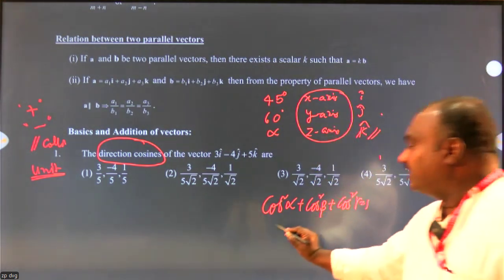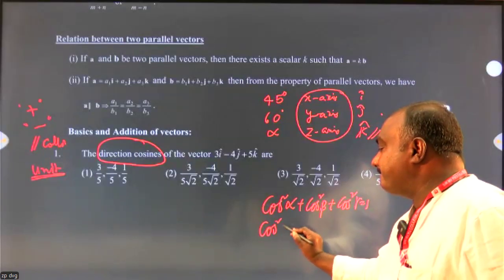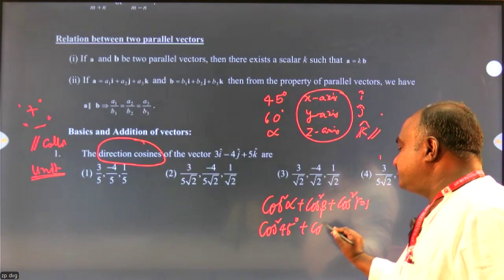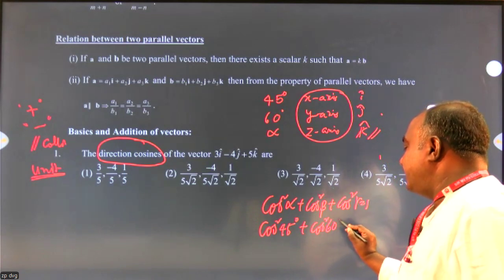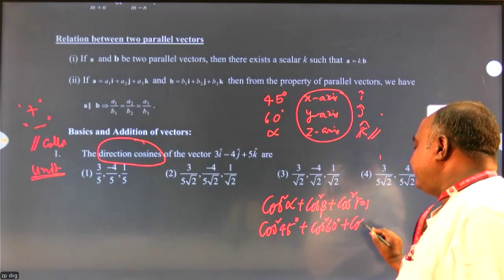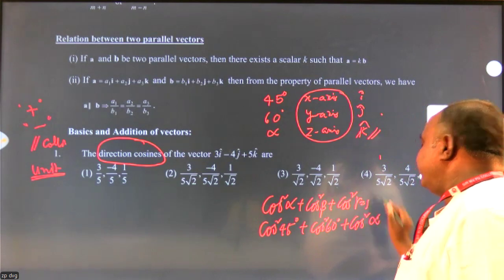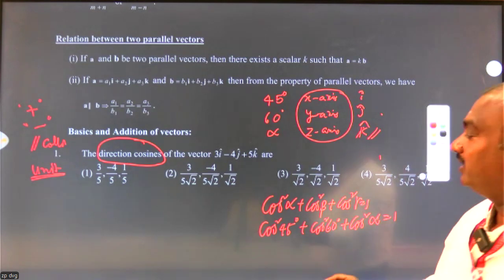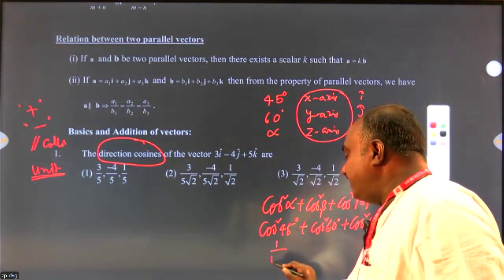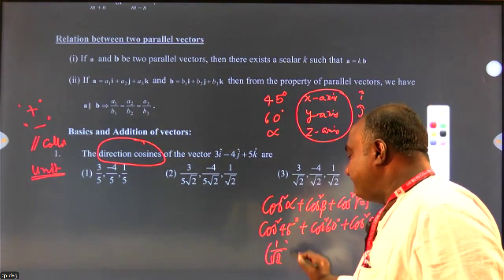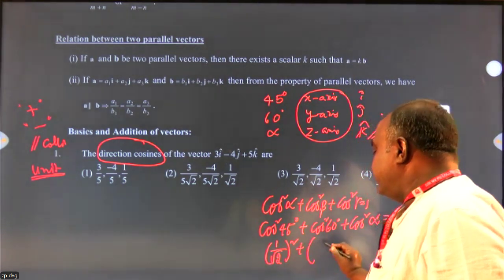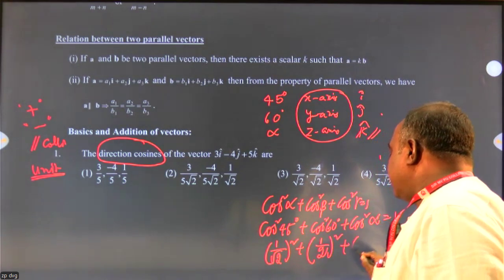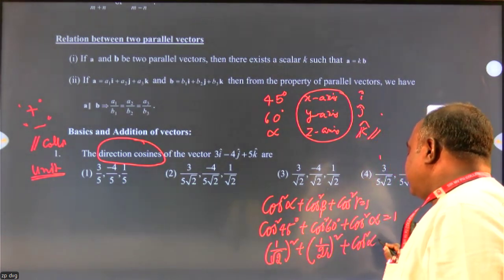Here cos square 45 plus cos square 60 plus cos square alpha is equal to 1. Now, what is cos 45? 1 by root 2, whole square, plus cos 60 is 1 by 2, whole square, plus cos square alpha is equal to 1.